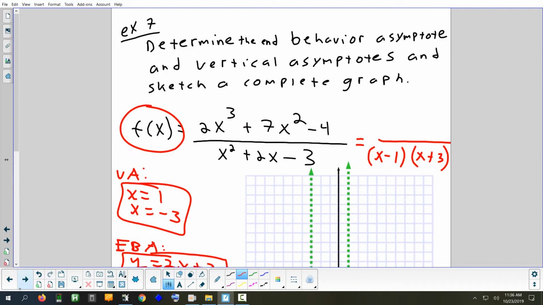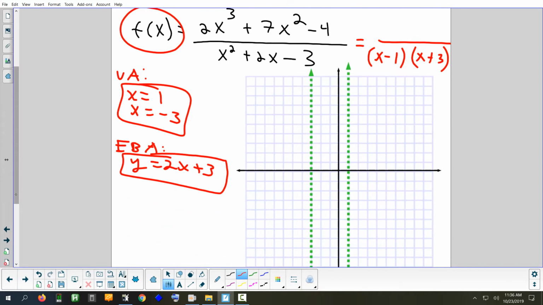Okay, so we got our verticals. This is pretty straightforward to sketch. Just plot your y-intercept. And my slope, what does that mean I do from the y-intercept? Every 2. So which way am I going to go to get more points? Up 2 and then over right 1.